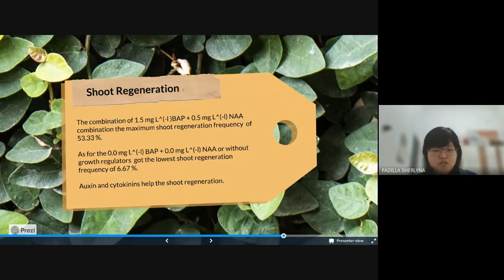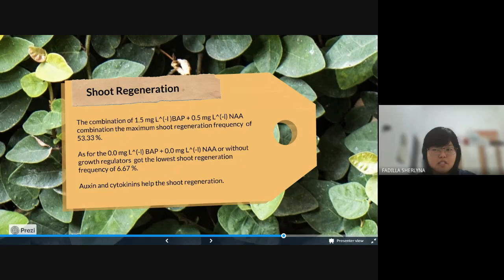For the shoot regeneration, a significantly different number of shoots was formed in response to combinations of BAP and NAA. There are four different combinations. First is without growth regulators, which got the lowest shoot regeneration frequency of 6.67%.